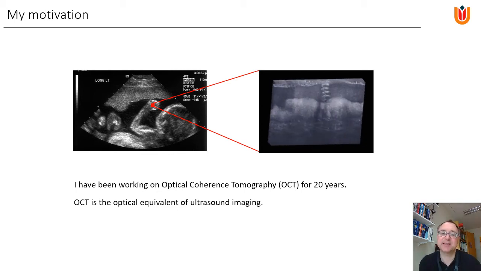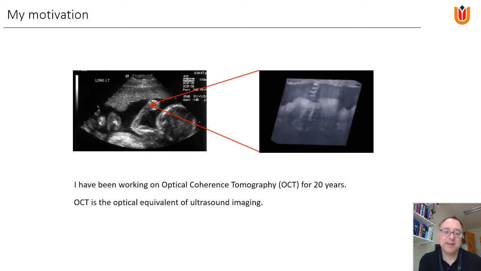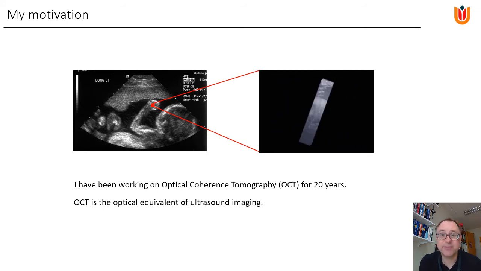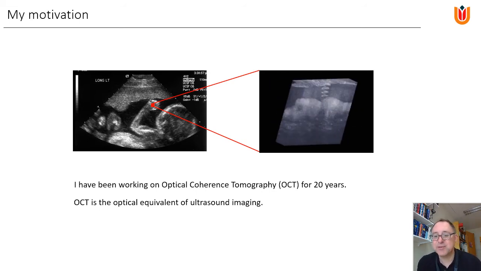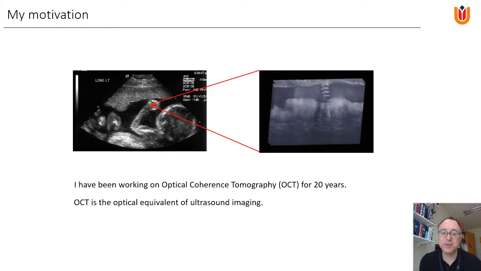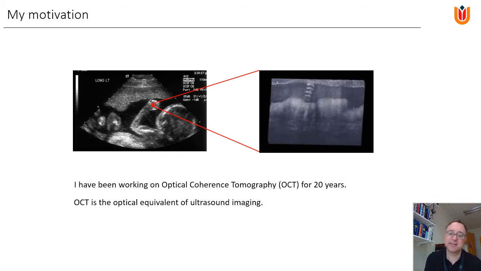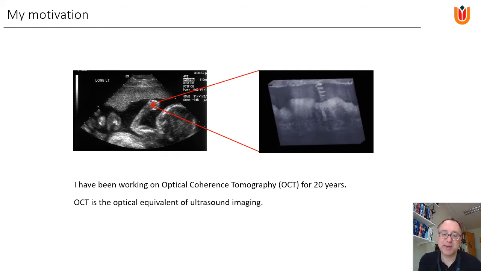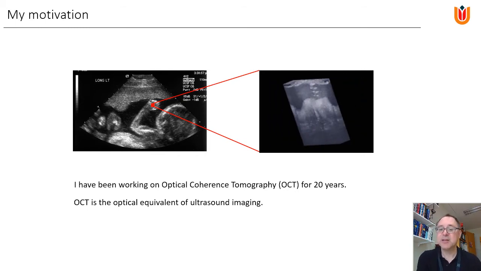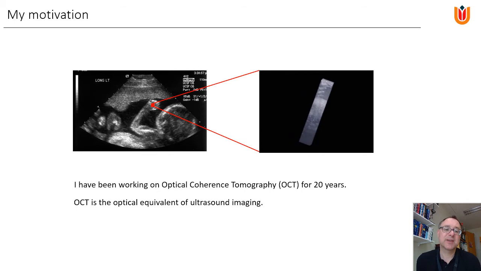On the left-hand side of this slide, you see a familiar picture of a baby in a womb, where the grayscale represents reflectivity versus depth. With OCT, you can do more or less the same, only not using sound waves but light waves as the probing mechanism, which means that because of the shorter wavelength, you can look at much smaller details.